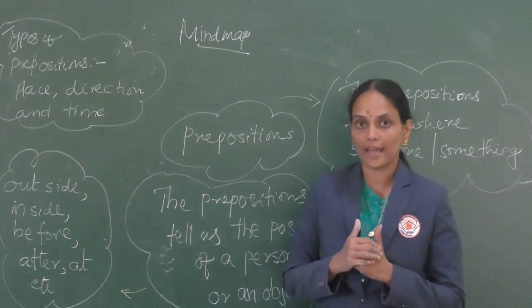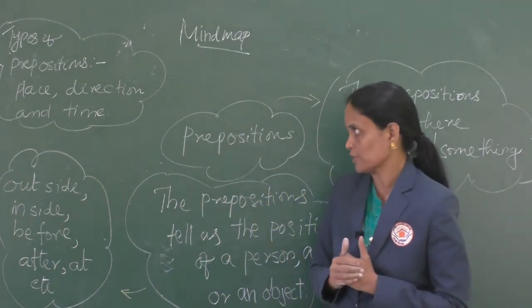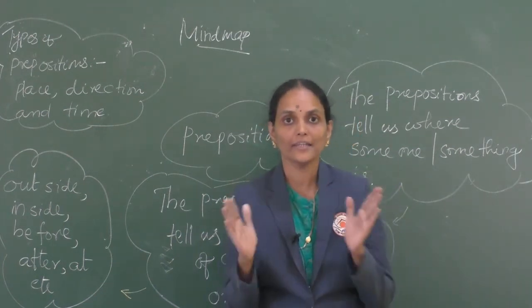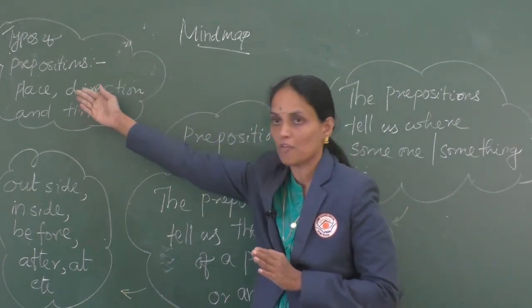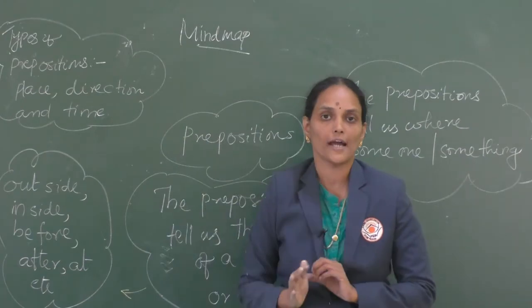As I told you, there are more than 100 prepositions used in the English language. And these prepositions are divided into various types. Prepositions of place, prepositions of direction, and prepositions of time.